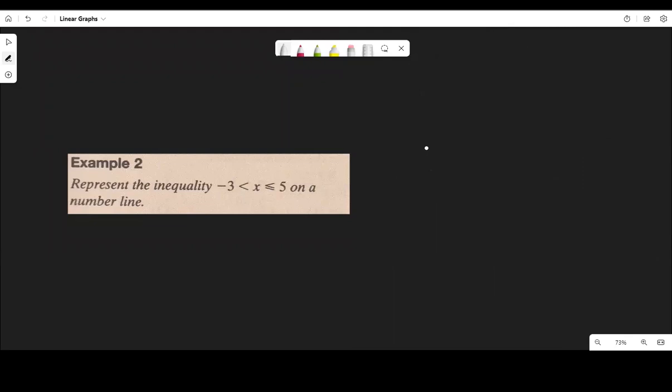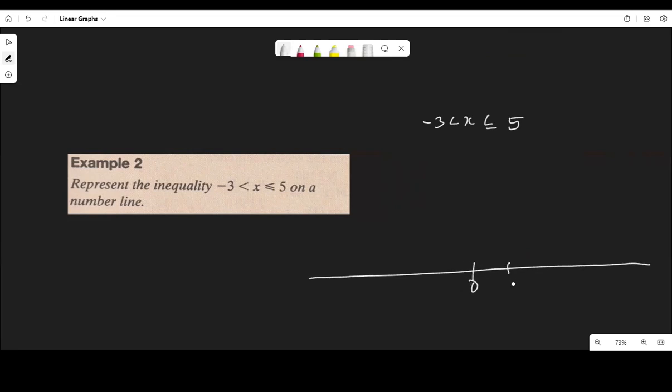Example 2, this one is on inequality. You say represent the inequality -3 less than x less than or equal to 5 on a number line. So I will draw a number line.